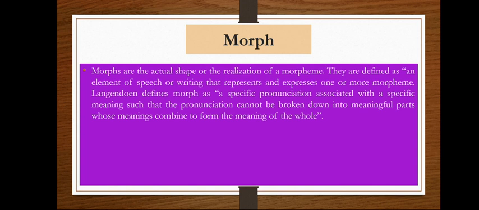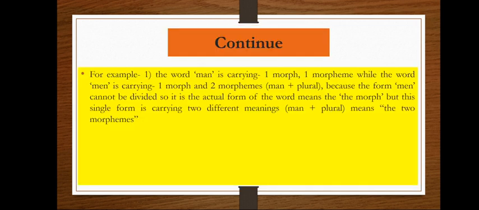They are defined as the element of speech or writing that represents and expresses one or more morphemes. Lagenbacher defines a morph as a specific pronunciation associated with a specific meaning, such that the pronunciation cannot be broken down into meaningful parts whose meanings combine to form the meaning of the whole. So we cannot further divide it.